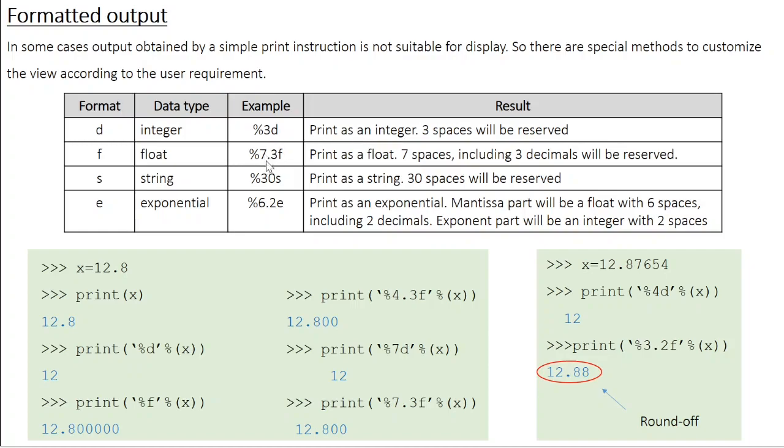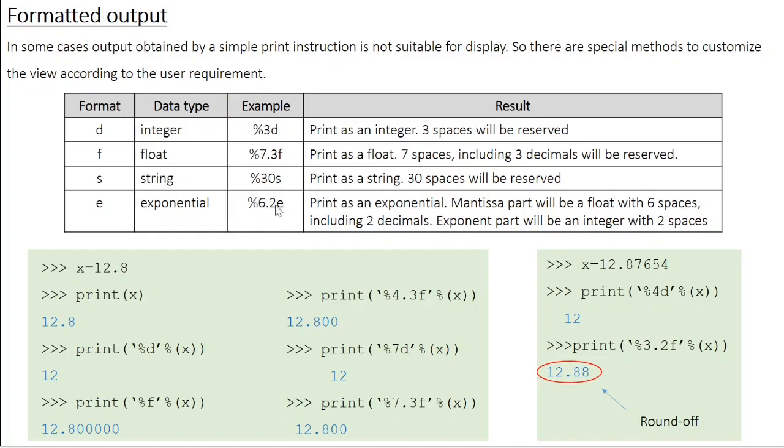Similarly, when I say %7.3f, 7 indicates the number of spaces and 3 indicates the number of decimal places in your answer. When I deal with a string, when I say %30s, your answer will be printed as a string and 30 spaces will be reserved for it.